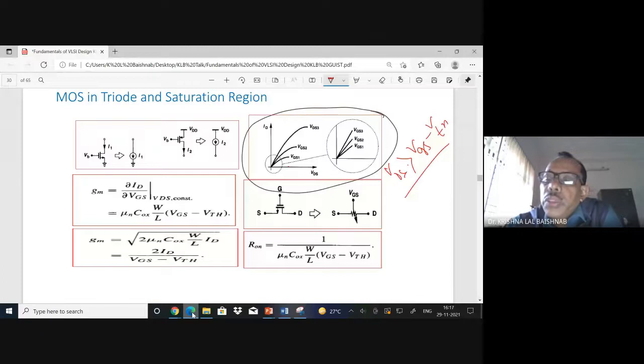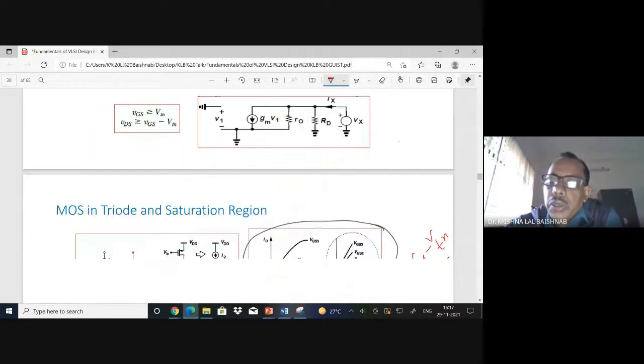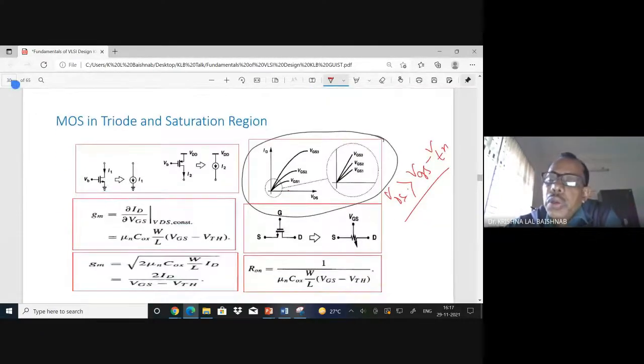Now, what we understood is that this is the saturation region. We just know the condition for saturation is this one. So if VDS is very, very low, I'm sure this equation is not fulfilled.